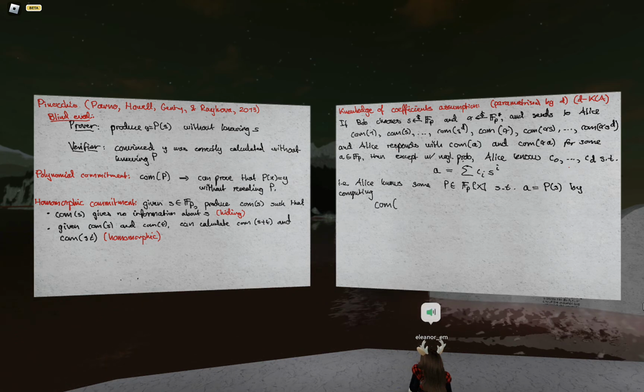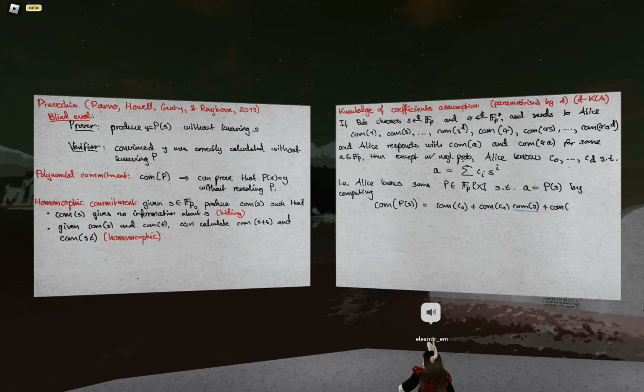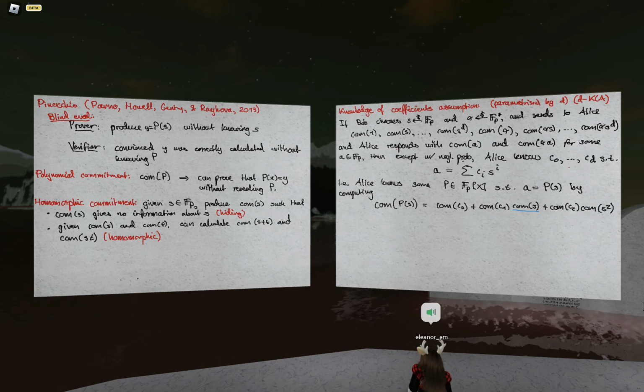Well, a commitment to P of S is a commitment to C0, where the Ci's are the coefficients of P, plus a commitment to C1 times a commitment to S, which is given by Bob. I will underline the stuff she's given by Bob in blue, plus a commitment to C2 times a commitment to S squared. This is the homomorphicity property, yeah. I can compute the commitment on the left-hand side of the equals by multiplying and adding the stuff I know, plus so on.